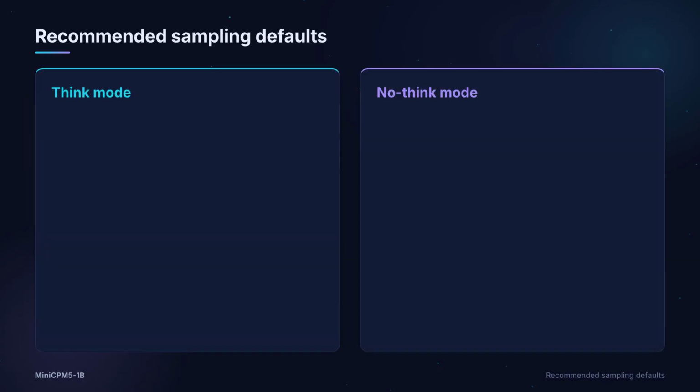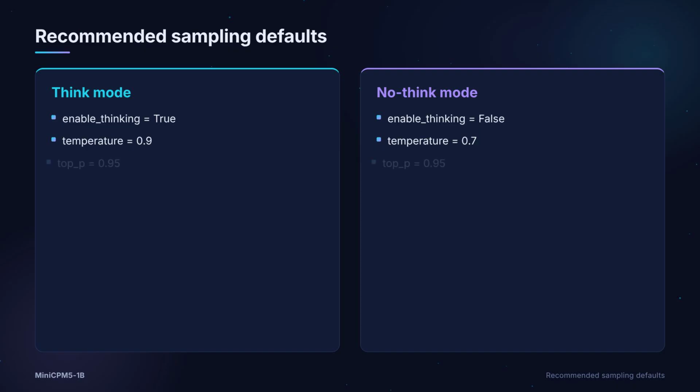The model ships with recommended sampling settings, and matching the mode to the right temperature makes a real difference in quality. For think mode, set enable_thinking to true and use a temperature of 0.9 with top_p of 0.95. The slightly higher temperature lets the model explore the reasoning space.